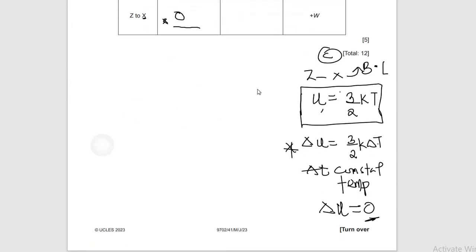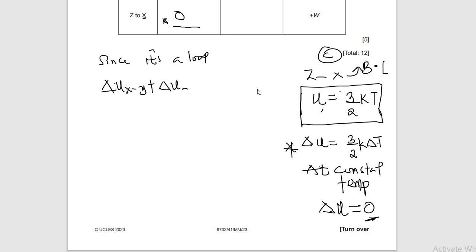X. So since it's a loop, it's expected that the increase in internal energy from X to Y plus the increase from Y to Z plus the increase from Z to X must equal 0. It's a loop. That's the rule for internal energy.